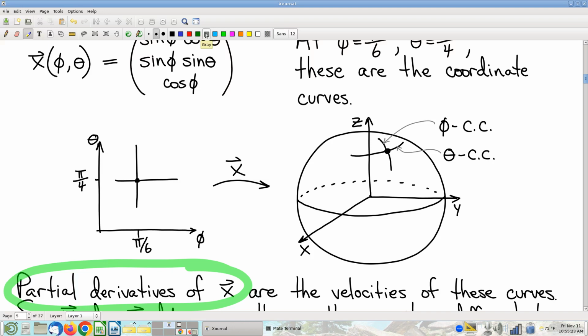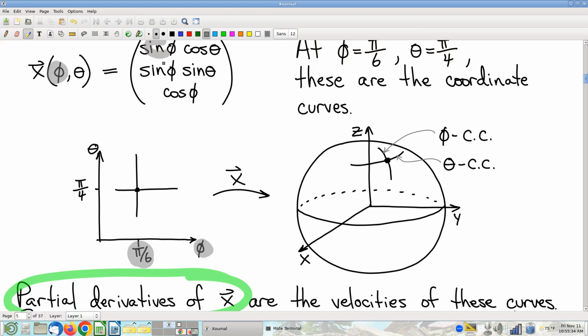Partial with respect to theta says that I'm going to fix phi as a constant, treat everything that is only a function of phi as a constant, and then take the single variable derivative with respect to the only remaining variable. Well, that's awfully familiar, right? This process of taking a partial derivative of x is exactly the process of writing down the theta coordinate curve and taking the derivative of the theta coordinate curve.